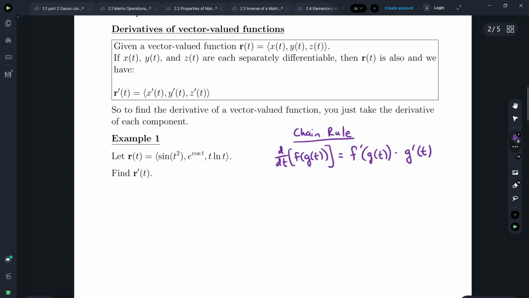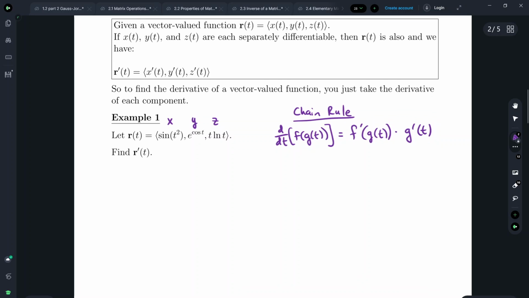Okay, so let's start taking derivatives. As we mentioned previously, for a vector valued function, you think of the x, y, and z components separately, and then we take the derivative of each of them separately.